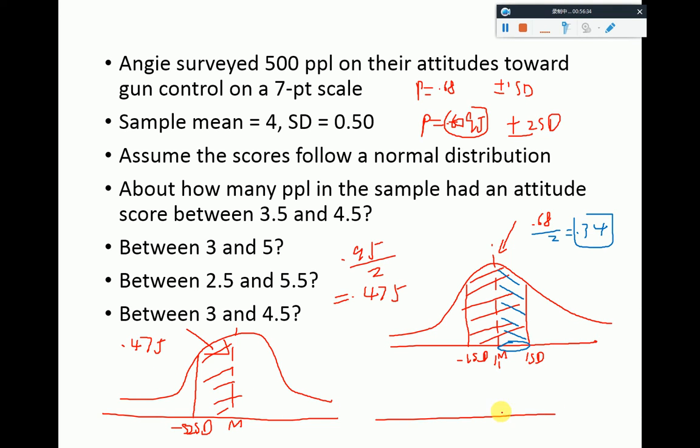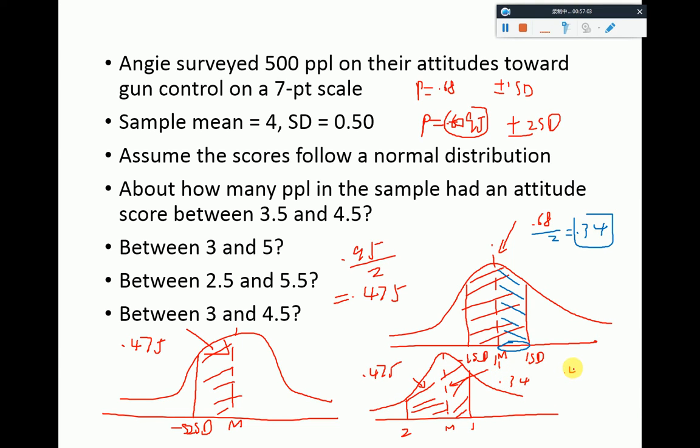Now we can figure out, what's the probability of observing any score that's between two standard deviations below the mean and one standard deviation above the mean? So it will be 0.475 plus 0.34, right?